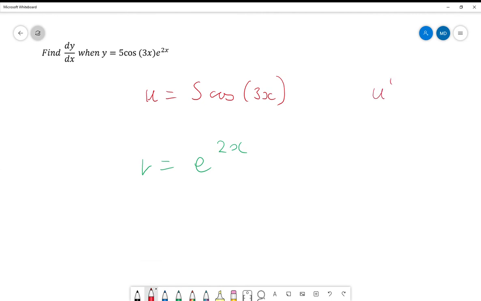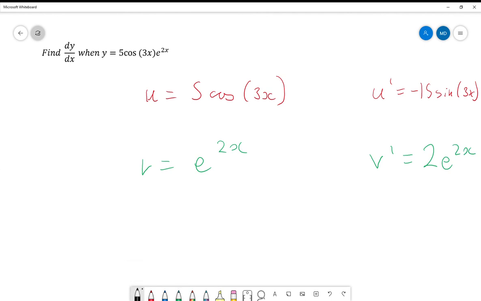u dash is equal to, the derivative of cosine is negative sine, and this 3 needs to come out, minus 15 sine of 3x. Make sure you agree with that, make sure that makes sense to you. And then v dash is equal to 2, the 2 comes out, e to the 2x, because e differentiates to itself.